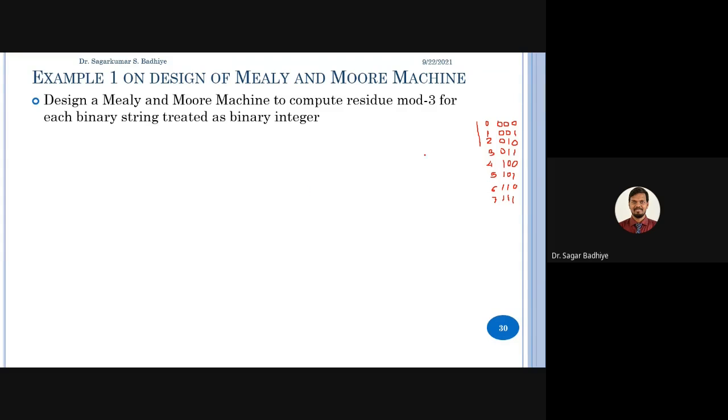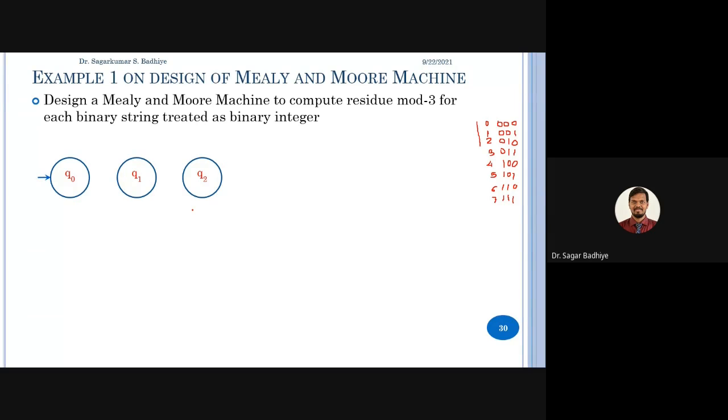For this purpose we will always design three states, that is Q0, Q1, Q2. Q0 will represent the state with remainder 0, that will be our accepting state if we design a DFA. But we want output, so we want the output to be 0 over here. This is the state representing remainder 1, and this is the state representing remainder 2.